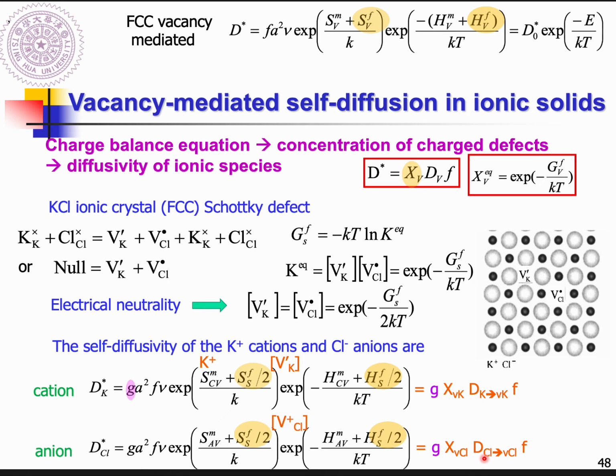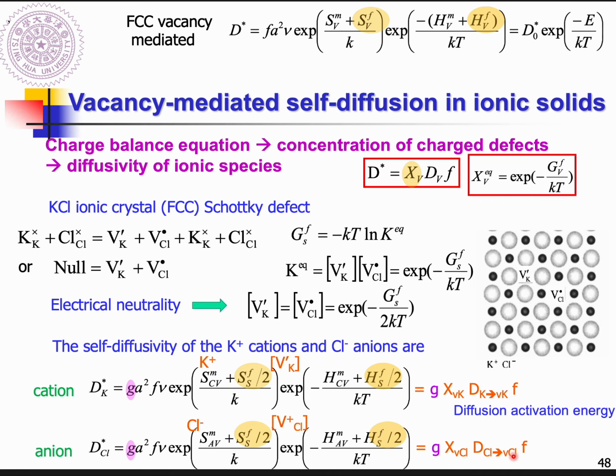And diffusivity is also f a² ν. And migration energy is the anion jump into the V at the chloride side, and the G is put here.